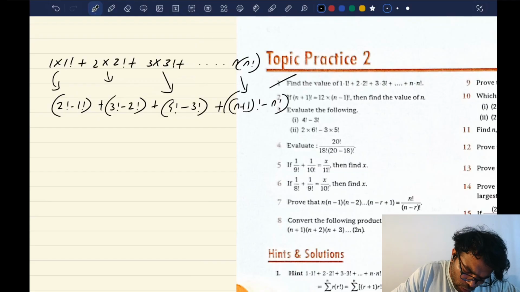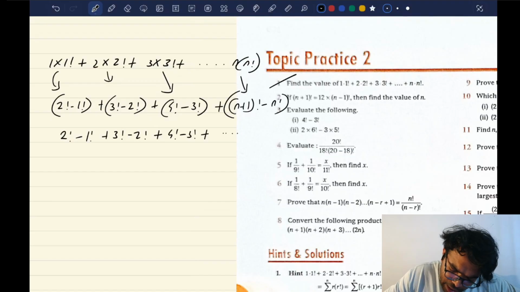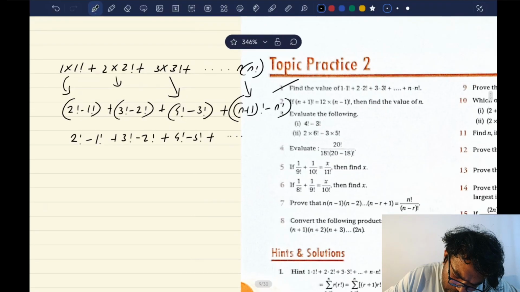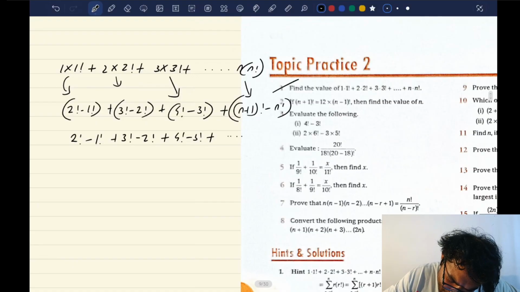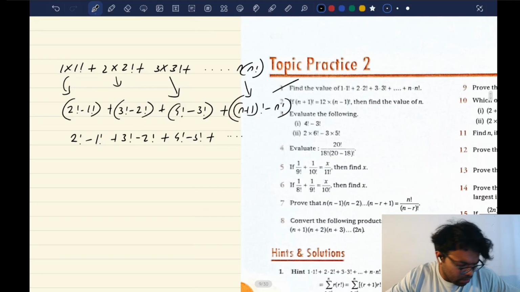Okay, so let's actually open it up. What do we get? 2 factorial minus 1 factorial plus 3 factorial minus 2 factorial plus 4 factorial minus 3 factorial plus ... n plus 1 factorial minus n factorial.